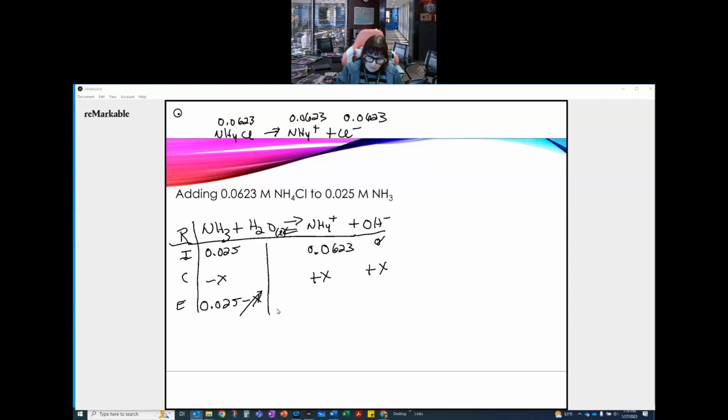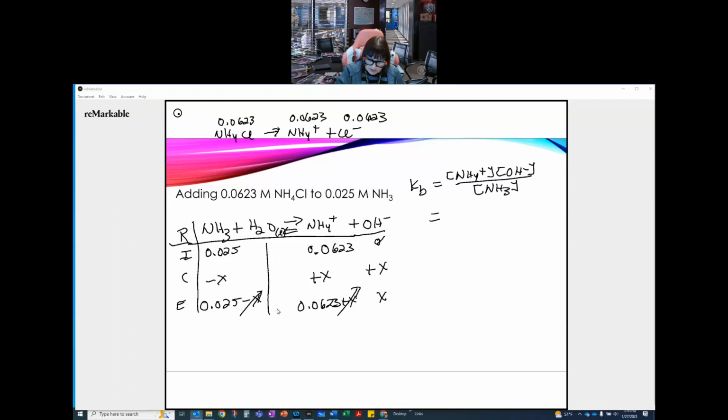The NH4 plus would be 0.0623 plus x, but again, we ignore the x there, and that leaves us with our OH minus being equal to x. The Kb for this is going to be the NH4 plus times the OH minus over the NH3.